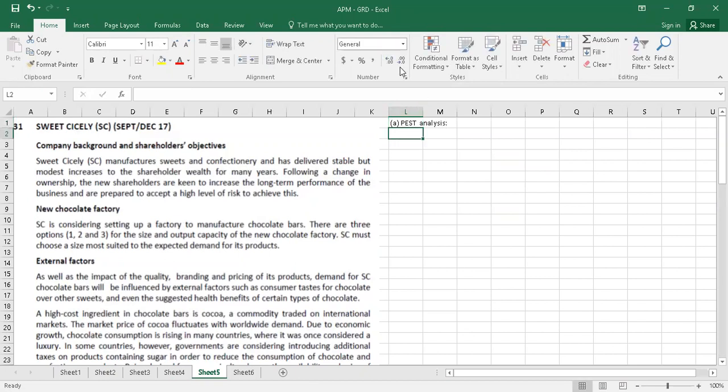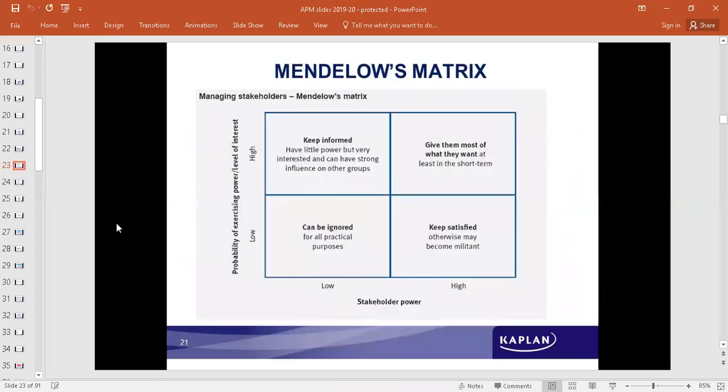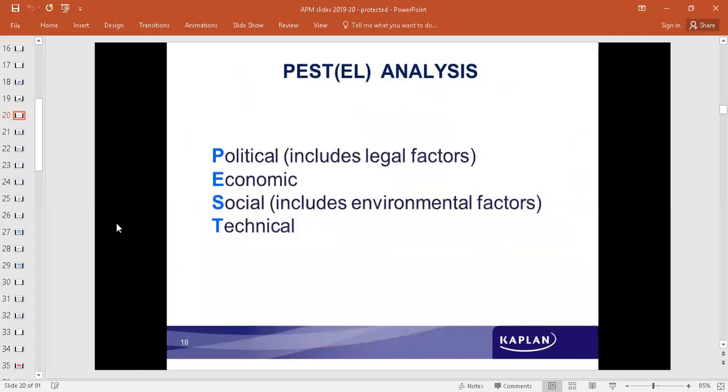Like we've done PEST analysis, understood the explanation of PEST analysis. P stands for political, E stands for economic, S for social, and T for technological. The extended format is PESTEL, where the second E talks about environmental factors, and L talks about legal. But if it is only given as PEST, P and L are taken together.